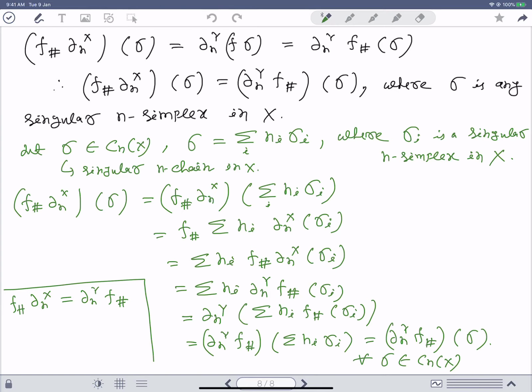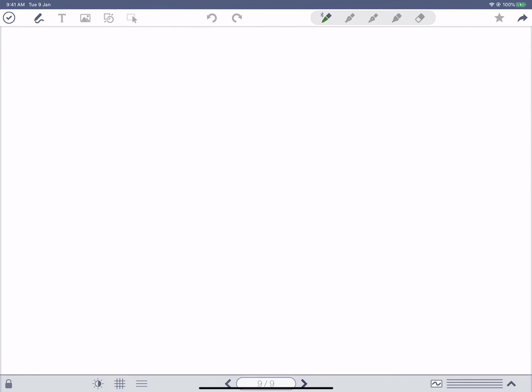Okay, fine. So we are done here. Now if we want to be more precise, we can write this equation as f hat n minus 1 del nx is equal to del n y f hat n for all n.